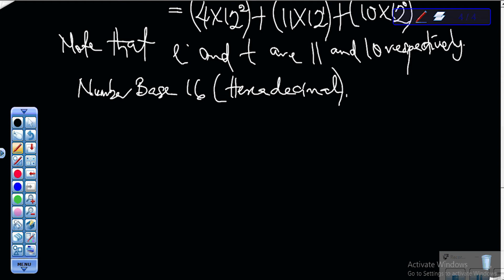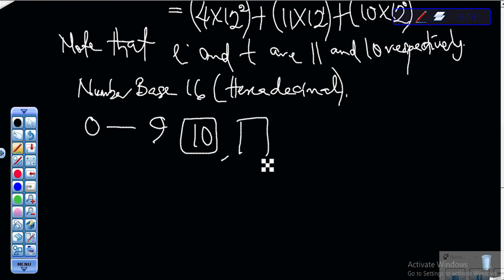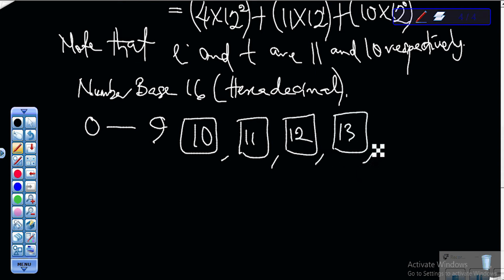In the hexadecimal number system, we have 0 to 9 spaces, followed by the spaces for 10, 11, 12, 13, 14, and 15. In a case like this, you cannot just represent a number using two digits.